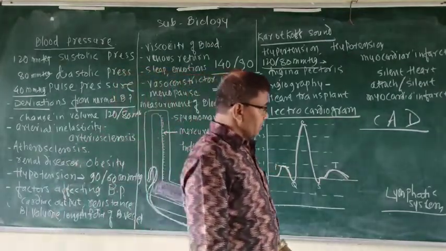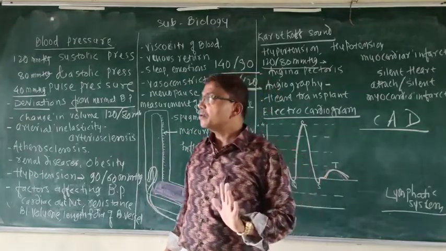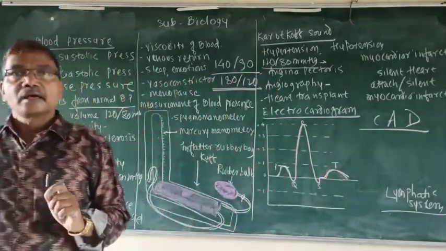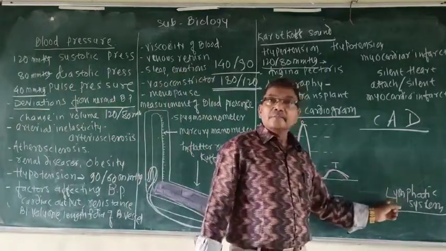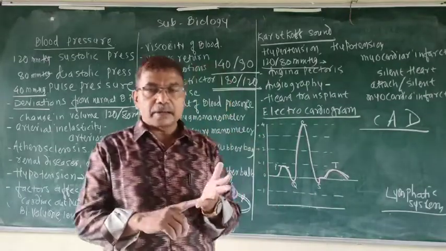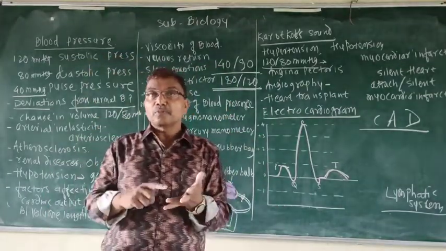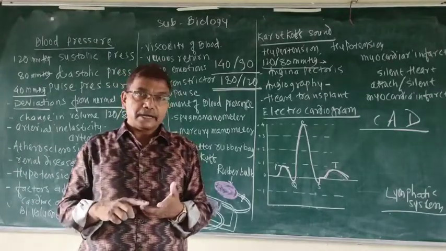And then the last point is the lymphatic system. Here we are discussing our blood vascular system, and the lymphatic system is another system. Lymph consists of all components of blood except RBC, a few types of proteins, and blood platelets.